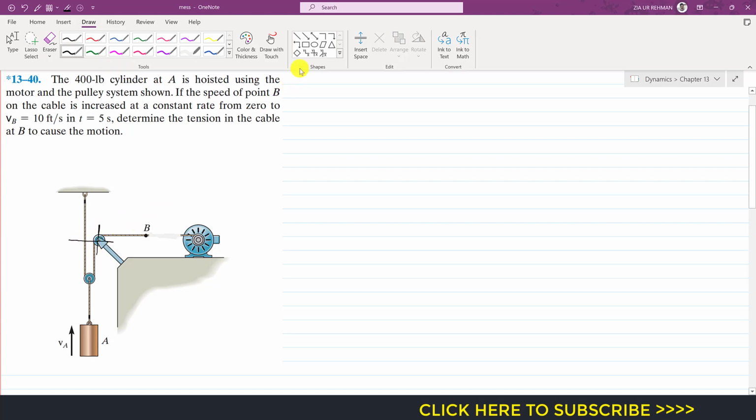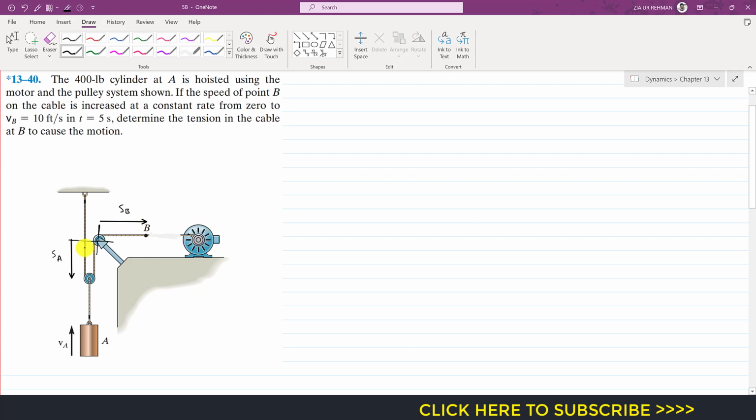The position of this point B is measured from this point, and this is the positive sense of the position of point B. So let's say this is SB, and from here to here, this is SA. This is the positive direction of the motion of this cylinder, and this length is constant. So the position of this cylinder is defined by this SA.